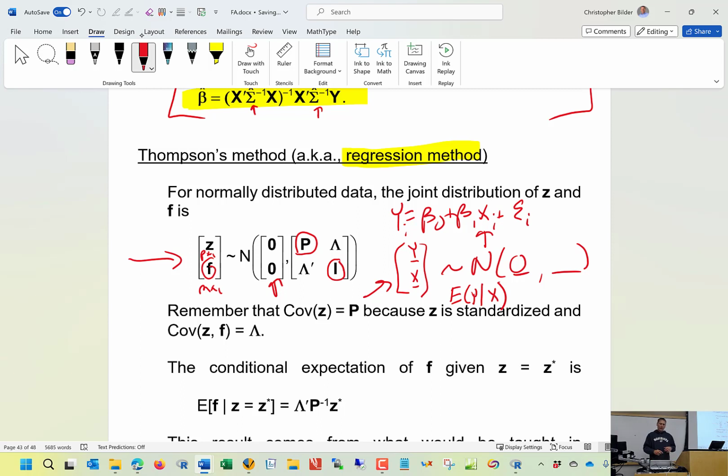And so what we could do to form the covariance matrix now for the ZF vector is form what's often referred to as a block matrix, where the 1,1 part of the block represents the covariance matrix for Z. The 2,2 part corresponds to the covariance matrix for F. And we also know from past stuff that the correlation between Z1 and F1 is lambda 1,1. So in a matrix context, the covariance of the Z vector and the F vector is the lambda matrix. So this is what it looks like.